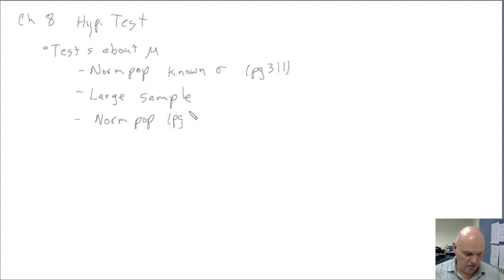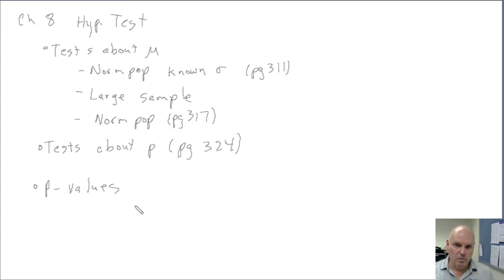These formulas are on page 317. This required the use of the T critical values. Okay, and we also looked then at hypothesis tests about population proportion. I'm not going to repeat those formulas here. Page 324.